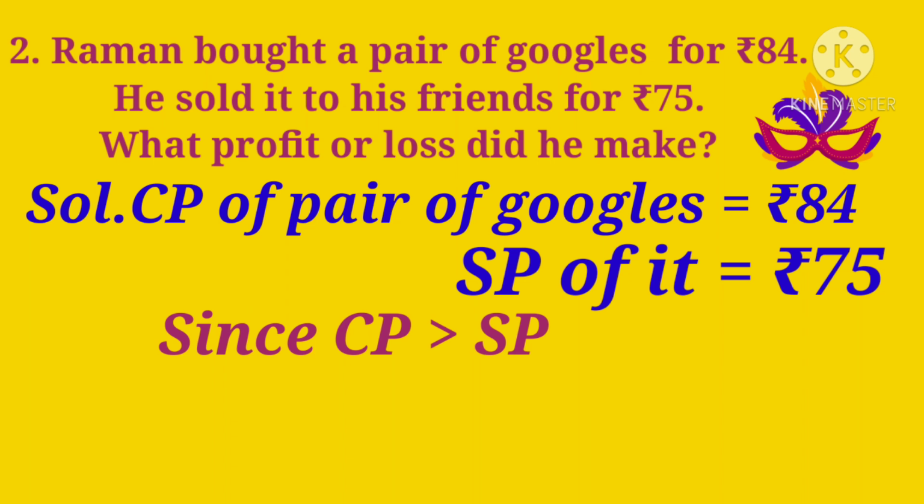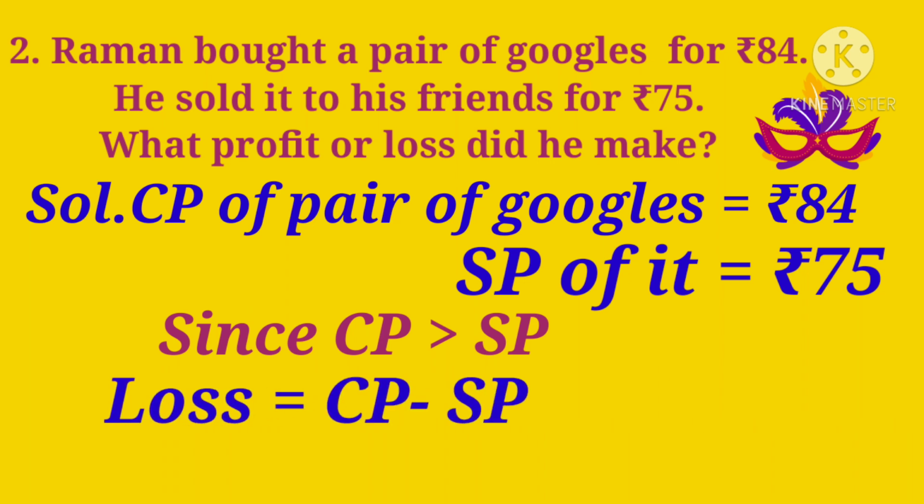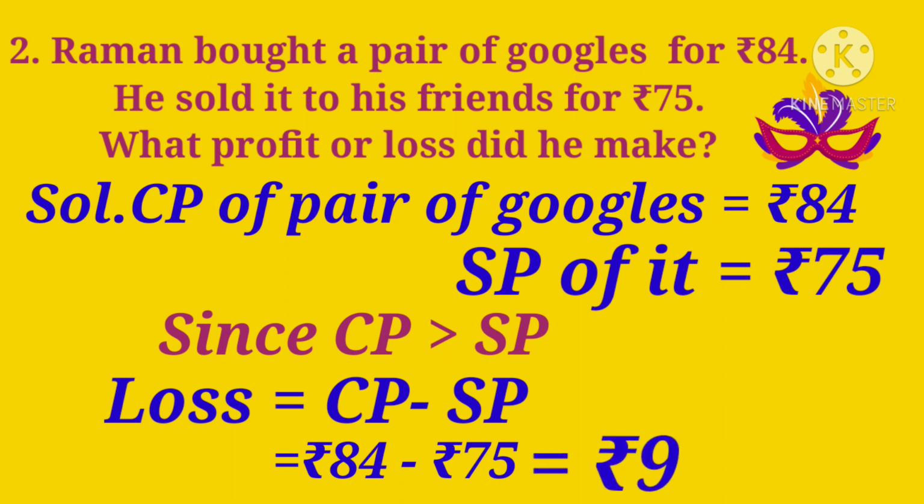Since the cost price is more than the selling price, Raman makes a loss, or you can say Raman suffers a loss. And the loss formula is CP minus SP. Rupees 84 minus rupees 75 is equal to rupees 9. So Raman makes a loss of rupees 9.